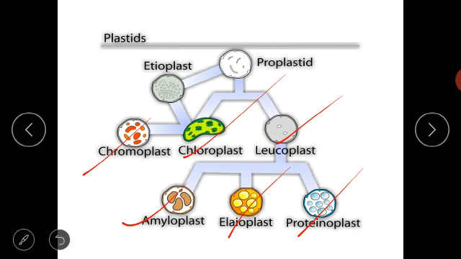And the subtype of proplastid is chloroplast and leucoplast, and the subtype of etioplast is chloroplast and chromoplast. So these are the types of plastids.